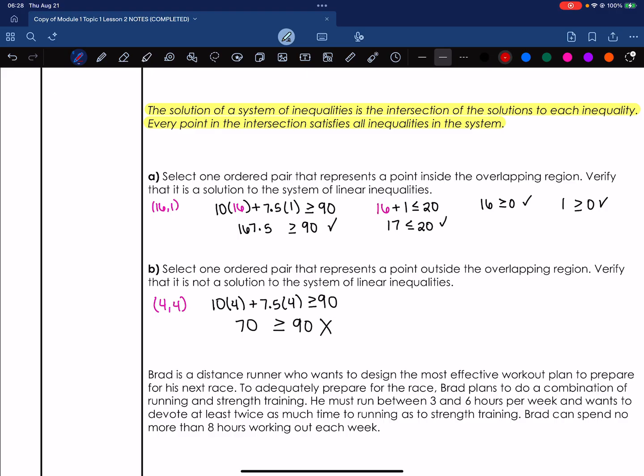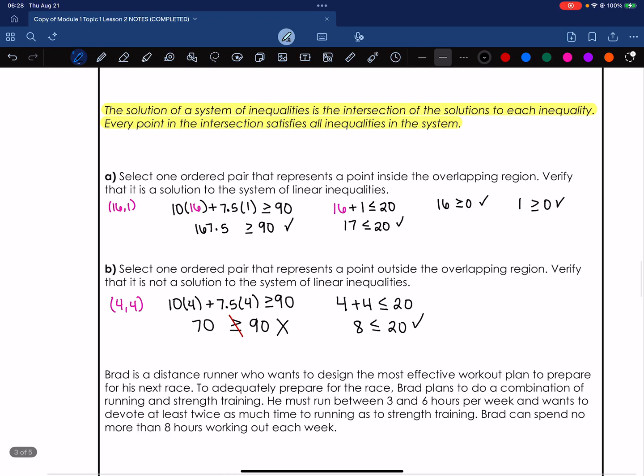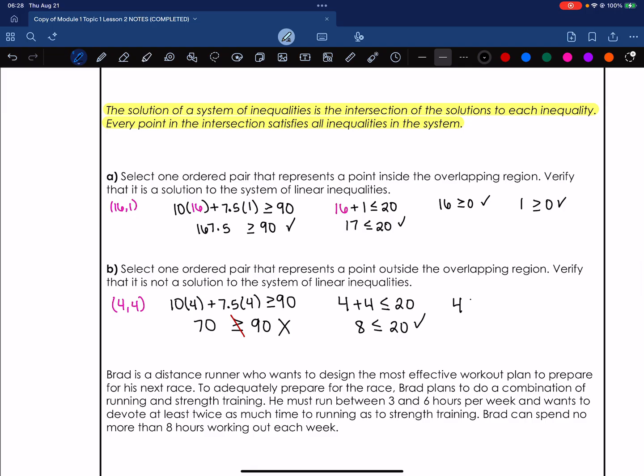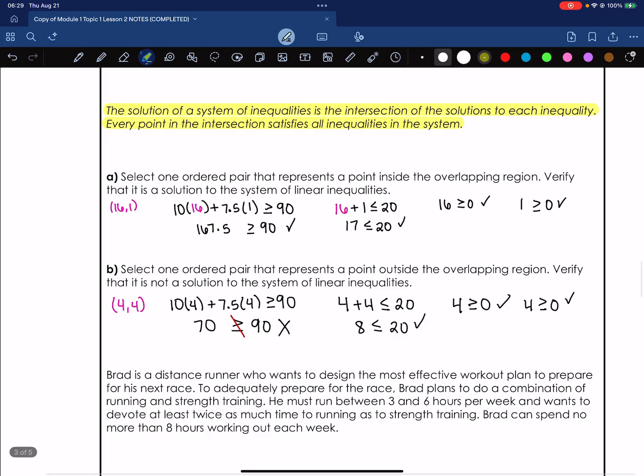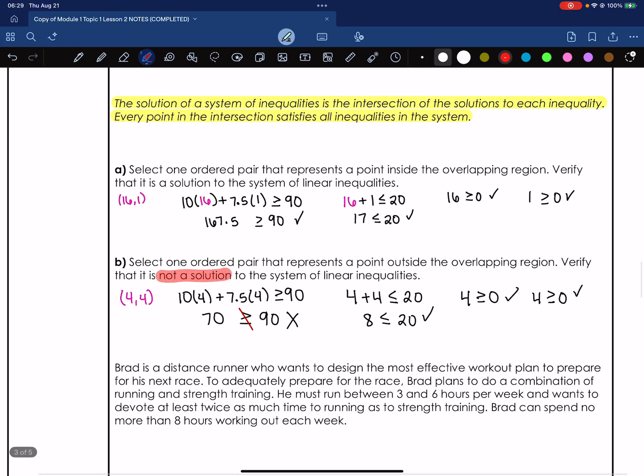When we plug it into the second one, we have 4 plus 4 is less than or equal to 20. That would be 8 is less than or equal to 20, and that checks out. And then 4 is greater than or equal to 0, and 4 is greater than or equal to 0 for our y's. Those check out. But this is not a solution because it did not work in all four inequalities. We had one inequality that provided a false statement.